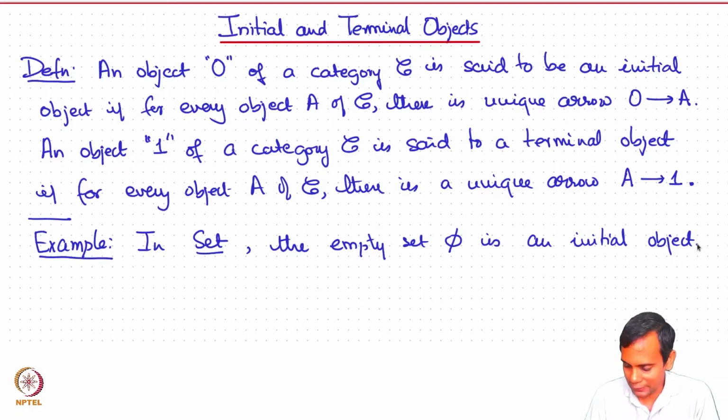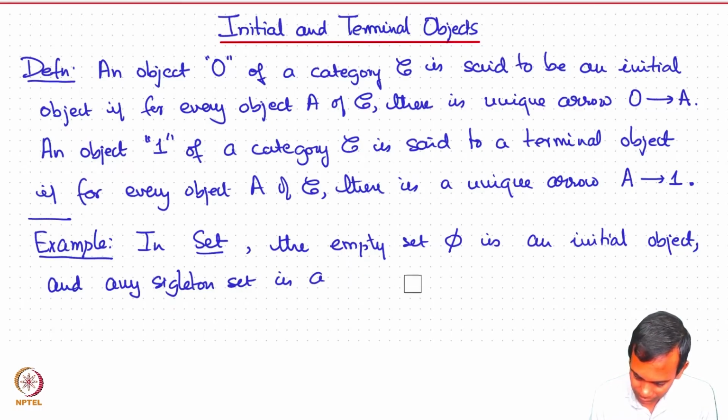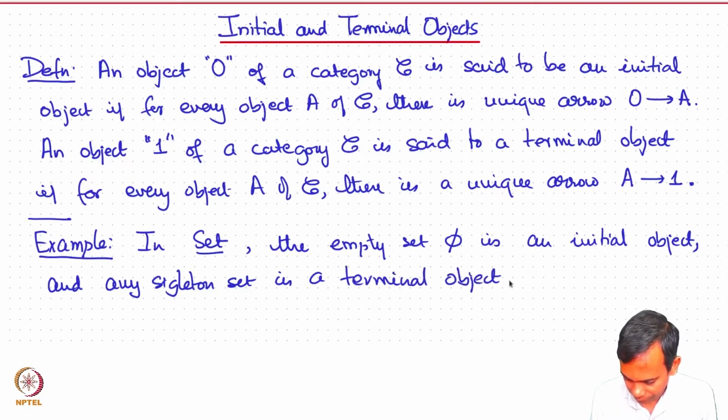Every singleton set is a terminal object, because there's exactly one function from any set to a singleton set. Okay, so the initial object and terminal object are different in the category of sets.